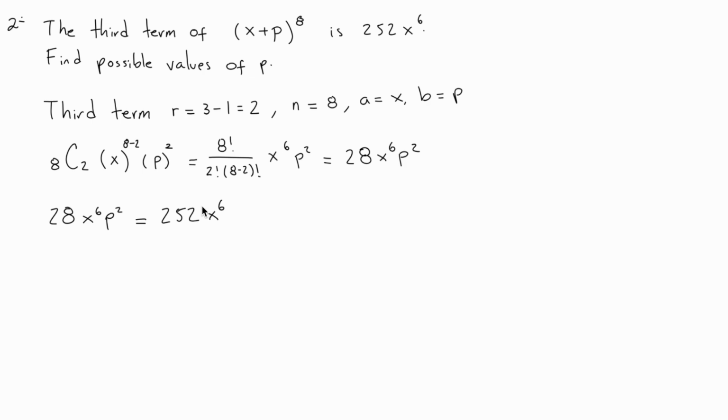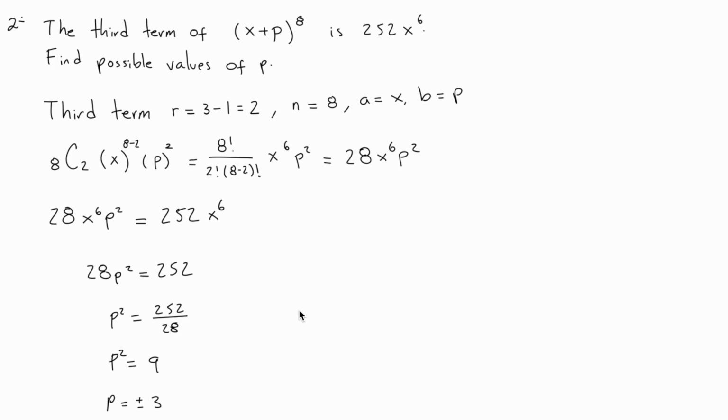I can cancel out the x to the power of 6, because I have it on both sides. Then I can divide by 28, and if I do the division, that is 9. So p squared equals 9. That means that p equals plus or minus 3.